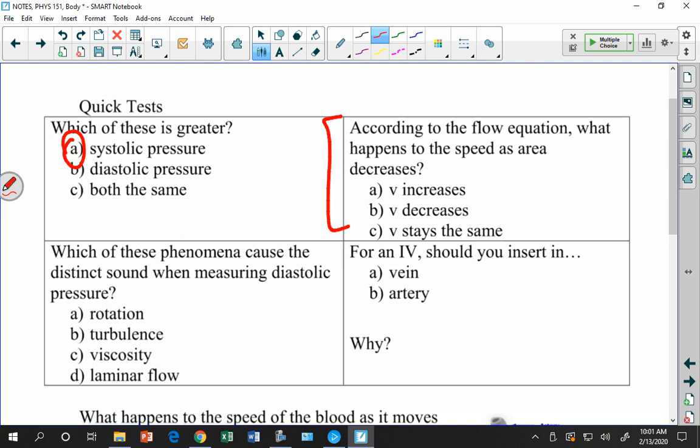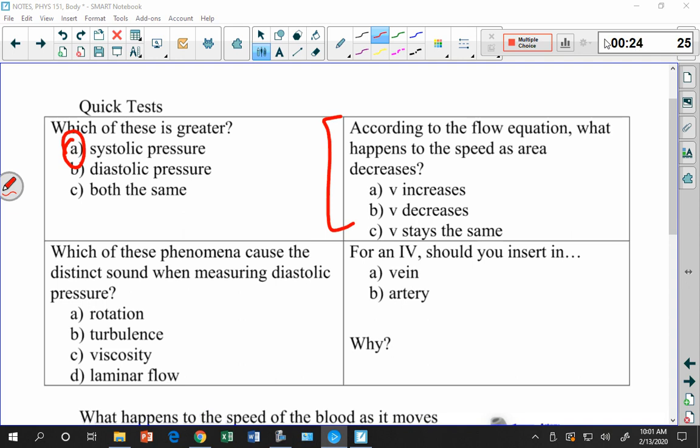Let's try this one. According to the flow equation, what happens to the speed as area decreases? Okay, doing pretty well.